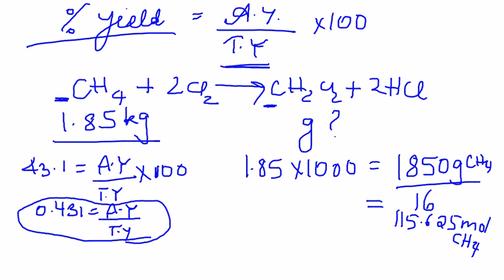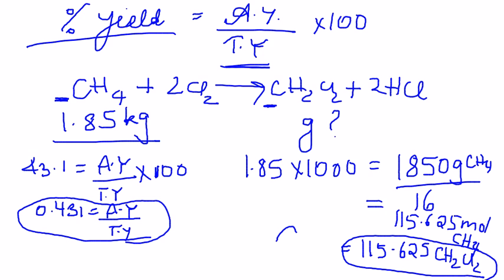And realize that whatever is the number of moles of methane, the same is the number of moles of dichloromethane that are going to be generated. So we already have the theoretical yield of dichloromethane in moles. In order to see the grams, all you have to do is convert that into grams by multiplying the mole number by the molar mass.